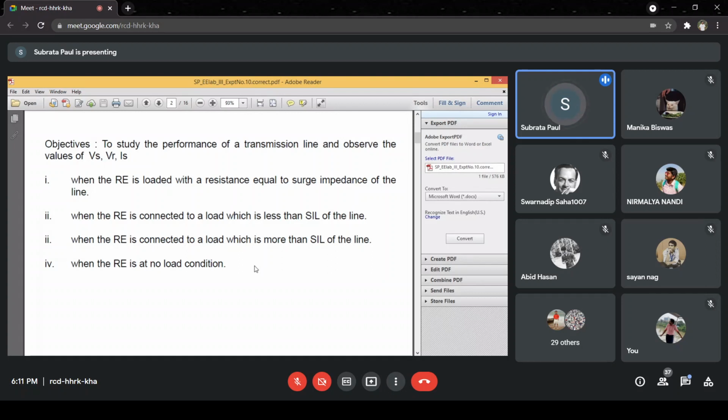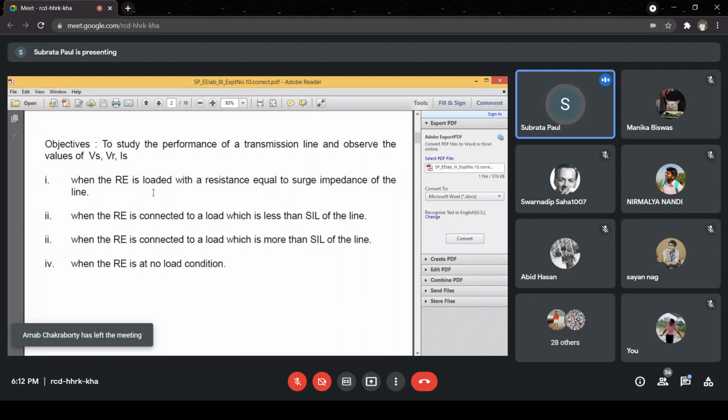The series inductance or inductive reactance of the line is comparatively much less compared to its shunt capacitive reactance. So the line effectively becomes a capacitive circuit, and ultimately at the receiving end, you can verify with the vector diagram, the receiving end voltage magnitude will be larger than the sending end voltage.